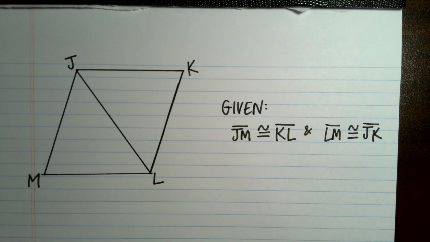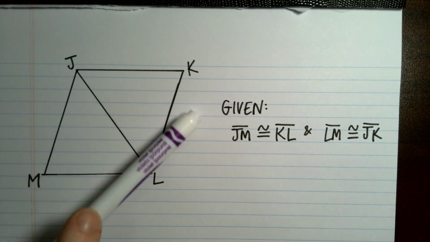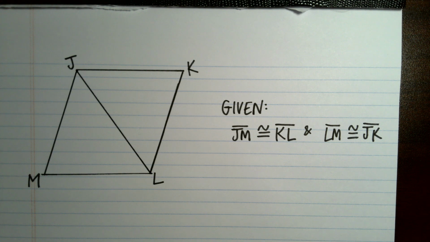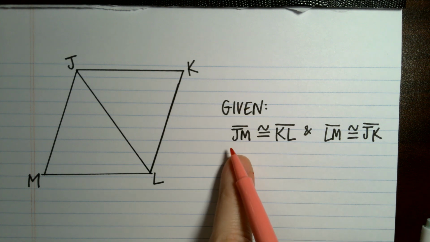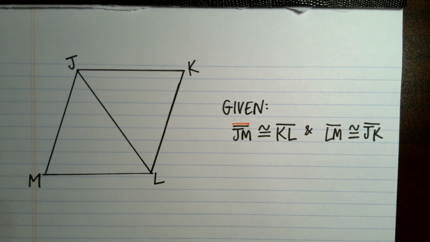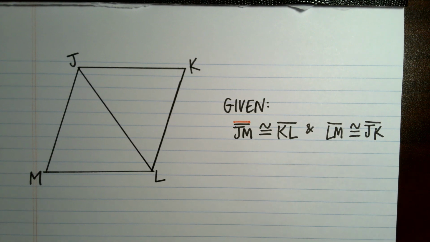So the first thing we need to do is label on our shape what's been given to us. I'm going to show you how we do that. First, let's figure out where JM is. Where is JM? Yeah, it's right here.